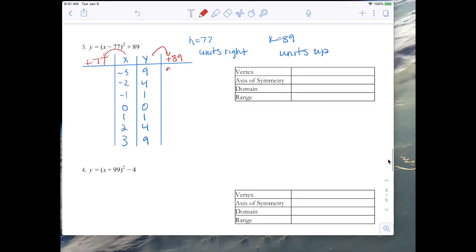So here we go: 98, 93, 90. You'll always see that there should be some symmetry in your y values. That's why it's symmetric, because of the y values. And with the x values, 74, 75.